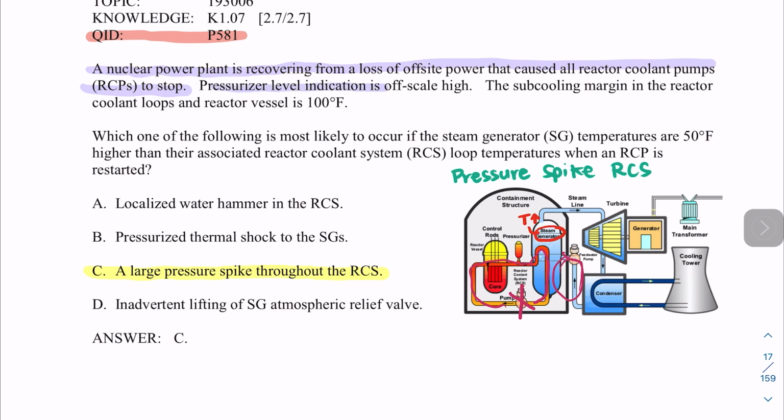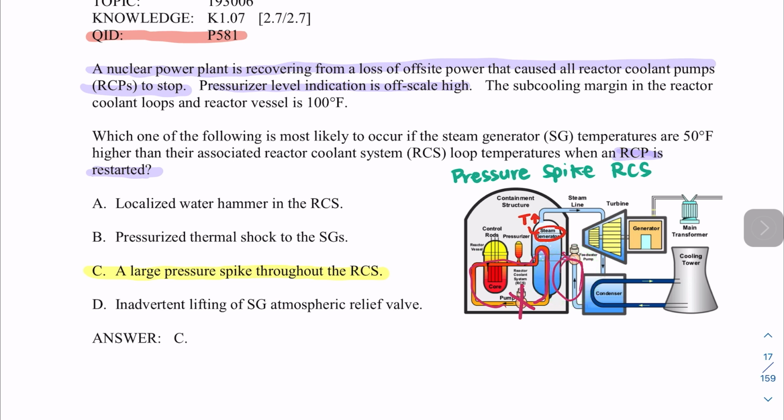So the pressure level is indicating off scale high. I have a pressure spike here. If I restart, this is important. What's going to happen if I restart my RCP? If I restore my RCP, I'm going to have a pressure spike, because as I mentioned initially, this area is going to be very hot and the other area is going to be very cold.